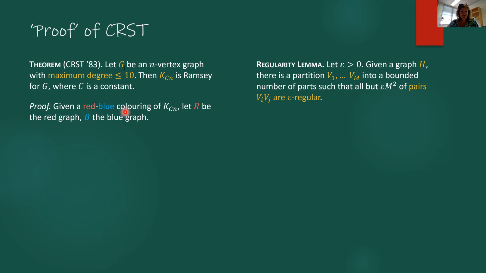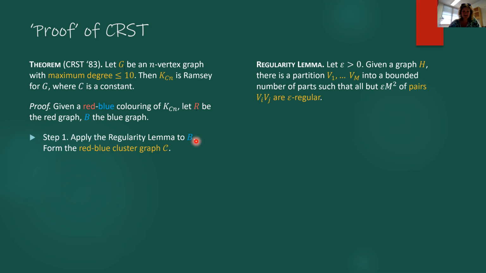We're given a red-blue coloring of a clique, and our aim is to find G. We call R the red graph and B the blue graph, and one of them has to contain G. So the first step is, of course, to apply the regularity lemma, say to the graph B.